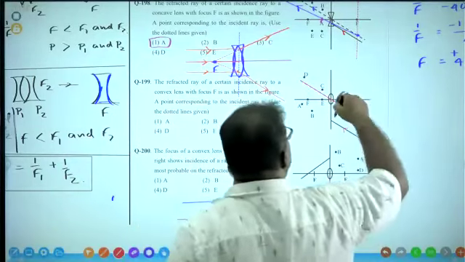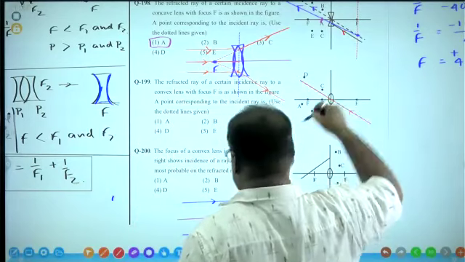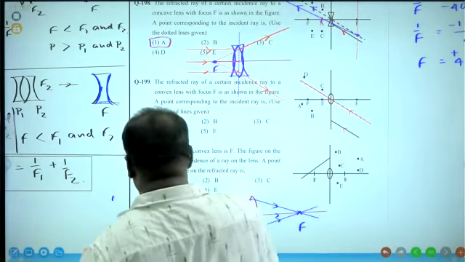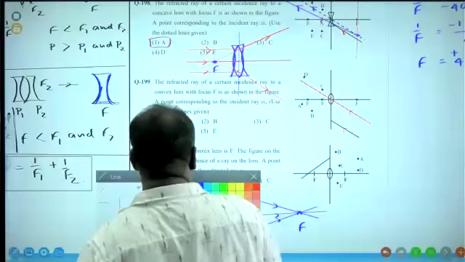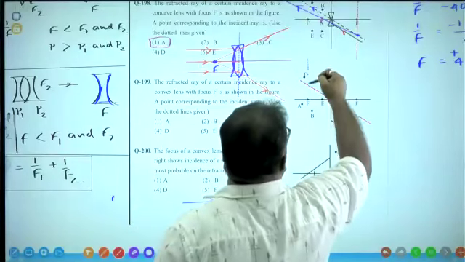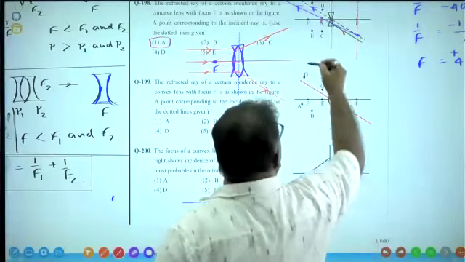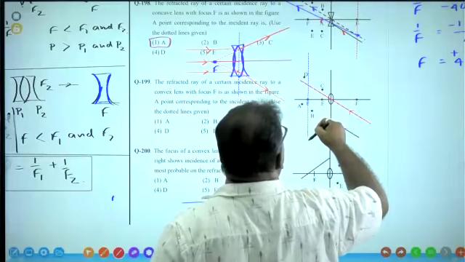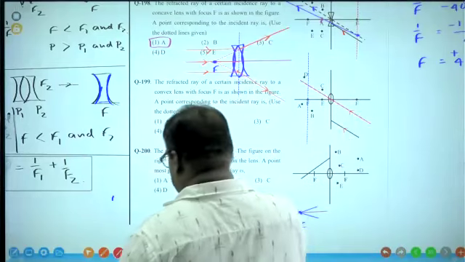They are converging across the line of the focus. This one is the focal plane now. This is the focal plane.